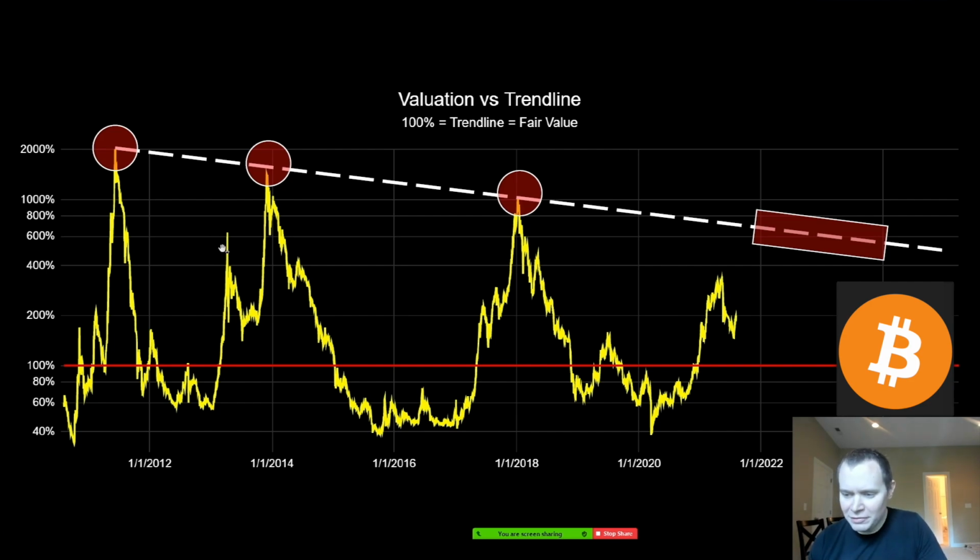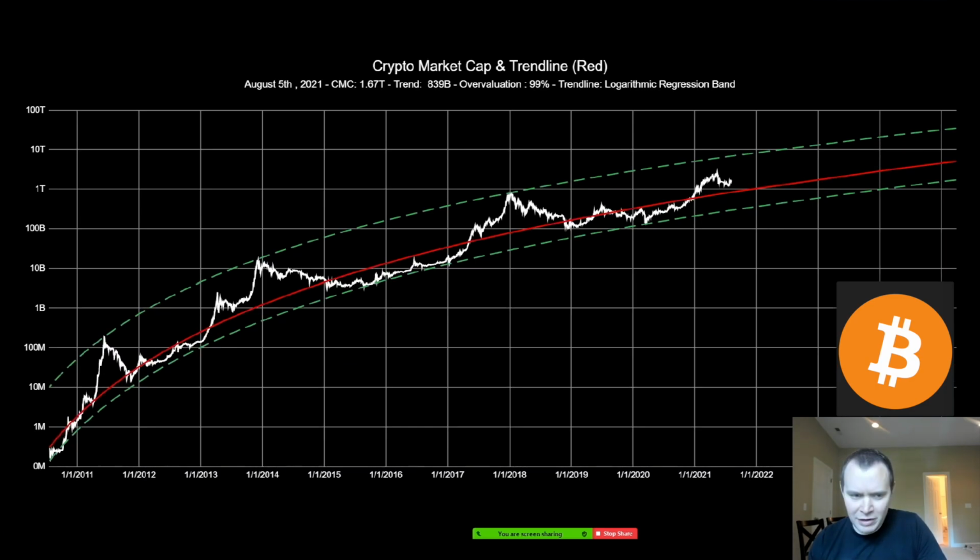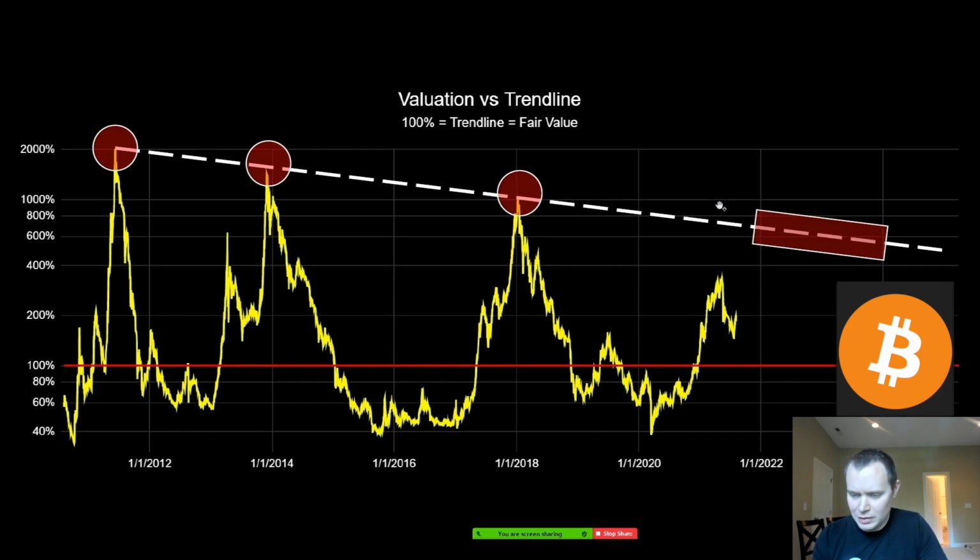Now, the main question is, if it's identical to 2013, then we need to go up by the end of the year, making a beeline straight up to about 900% overvalued, and the fair value by the end of the year will be about 1 trillion. That would put the total around 10 trillion for the entire asset class, and that would be if it happened by that point.